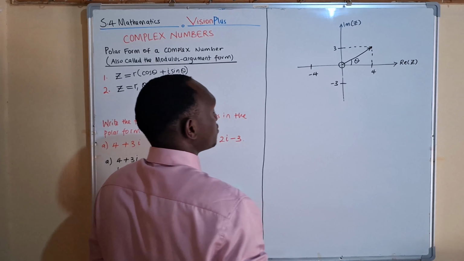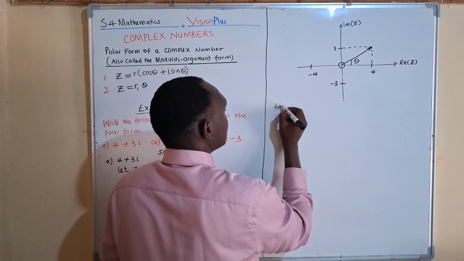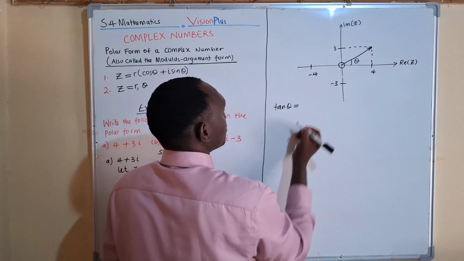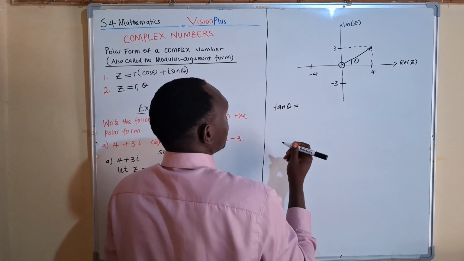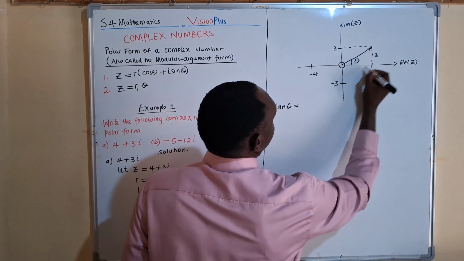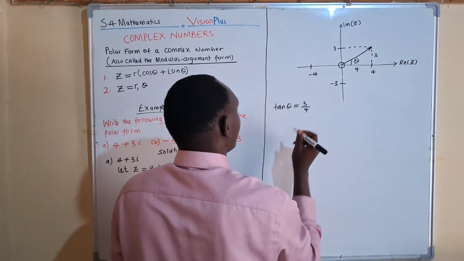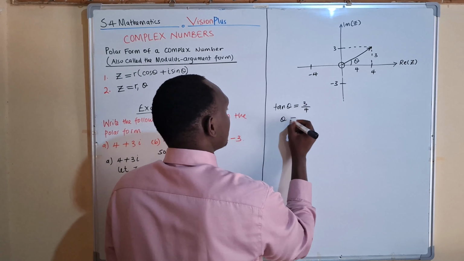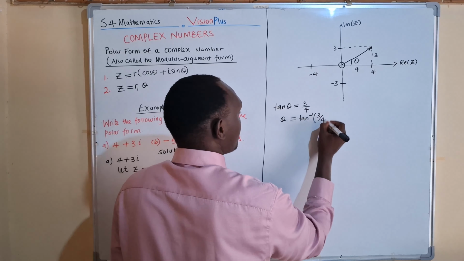So we are going to use SOHCAHTOA, for which we use tan. So tan of theta equals opposite over adjacent. Opposite is 3, adjacent is 4, so it is 3 out of 4. That means theta becomes tan inverse, or arctan, of 3 out of 4.